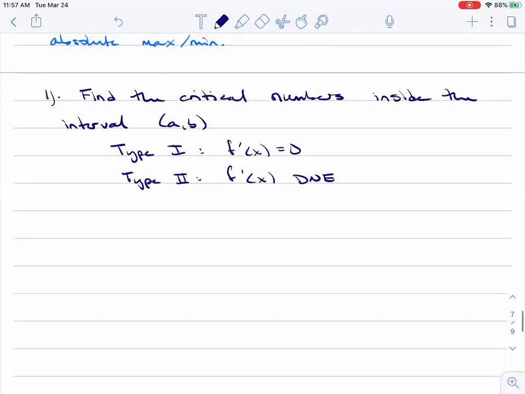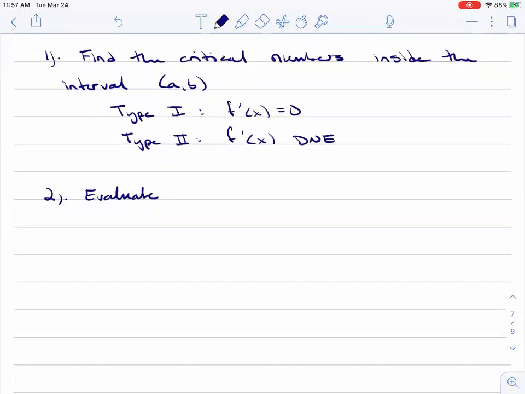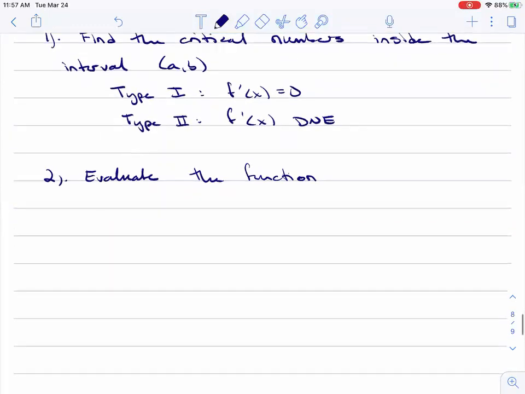The second thing that you're going to do is evaluate the function at the critical numbers, and then evaluate it at the endpoints. The order here doesn't really matter, but I was getting ahead of myself. So evaluate the function at each critical number.